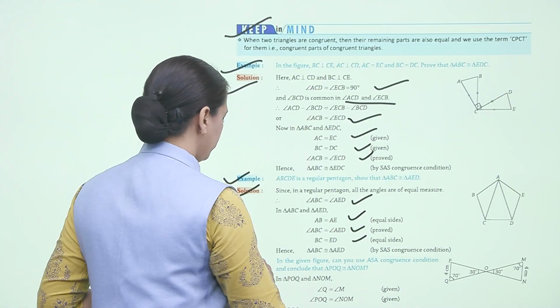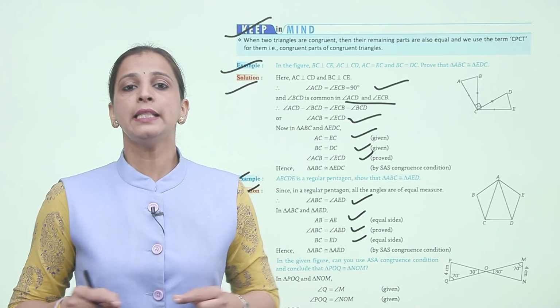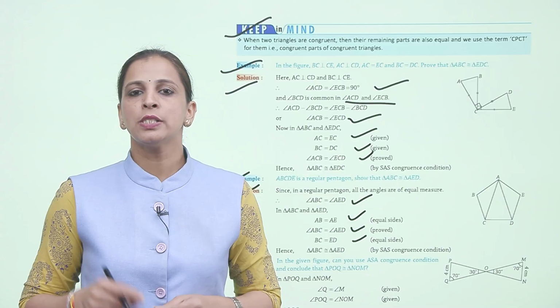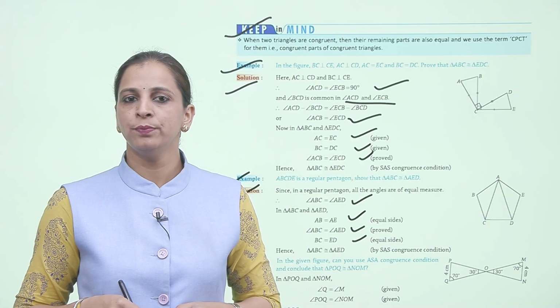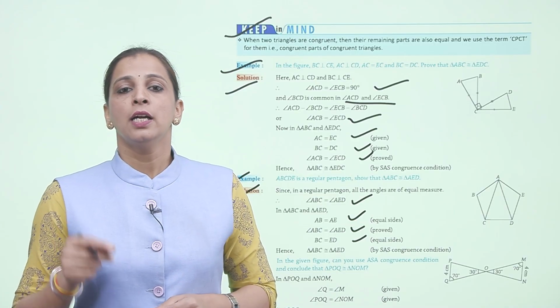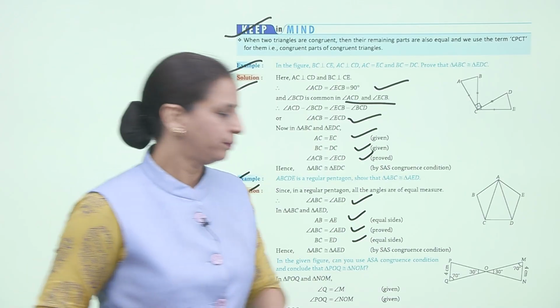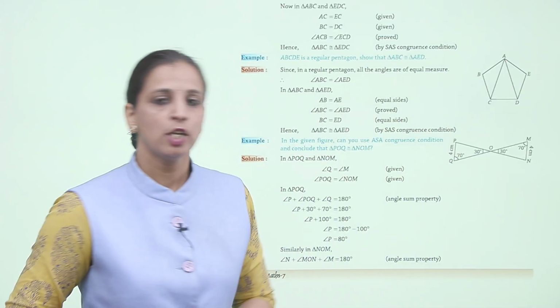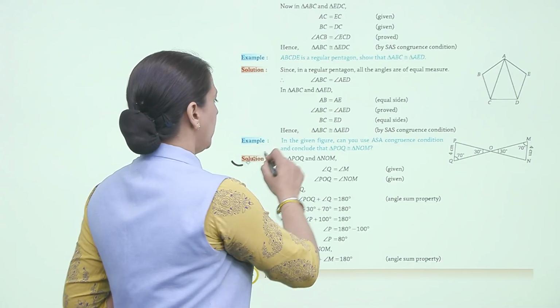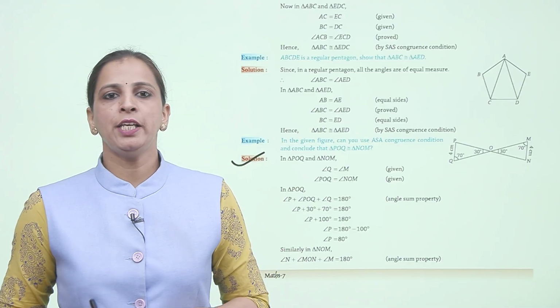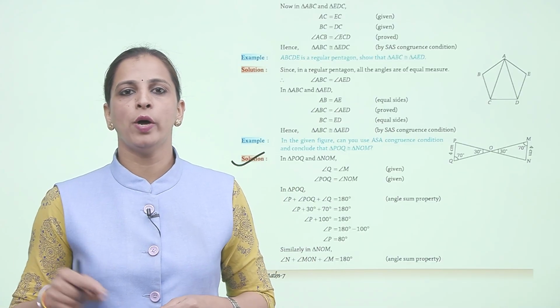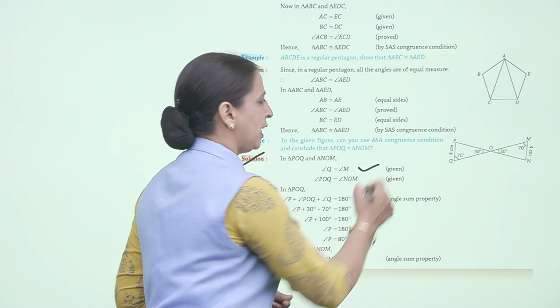Now next example. In the given figure, can you use ASA congruence condition and conclude that triangle POQ is congruent to triangle NOM? Let's do the solution of this. In triangle POQ and triangle NOM, angle Q is equal to angle M, given.